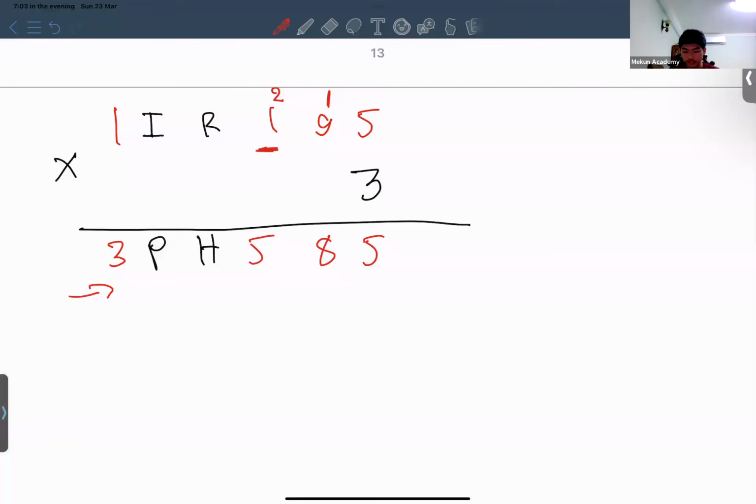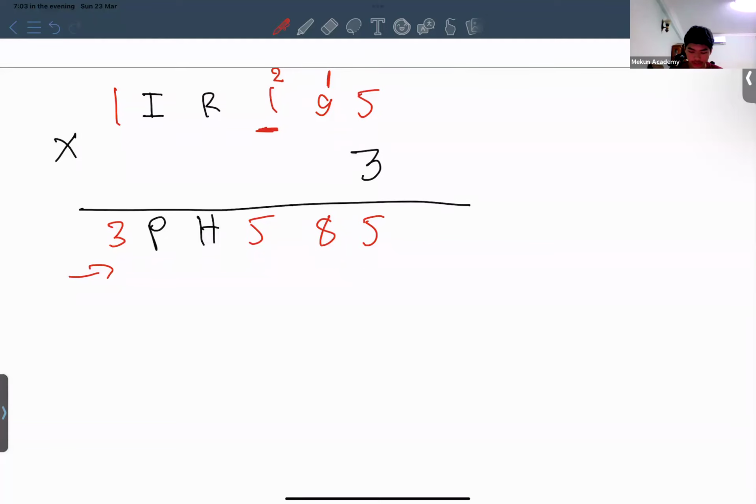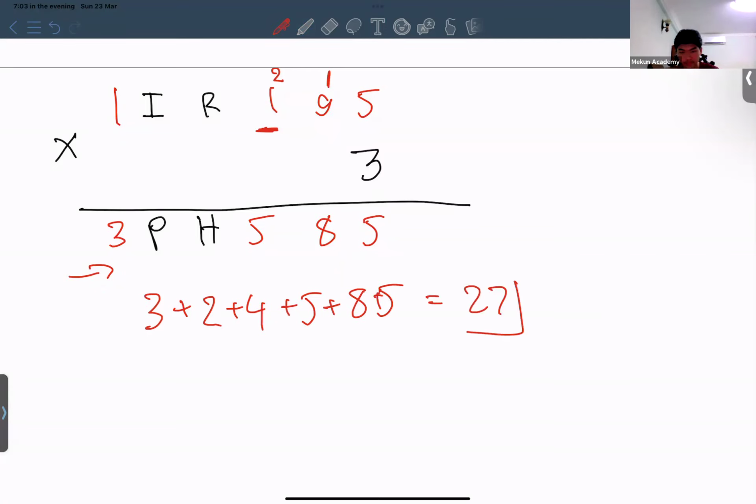Since we're running out of time, I'll speed everything up. When you substitute the numbers and guess and check, you'll get the sphere to be 3, 2, 4, 5, 8, 5. Now find the sum: 3 plus 2 plus 4 plus 5 plus 8 plus 5, you'll get 27, which is our answer.